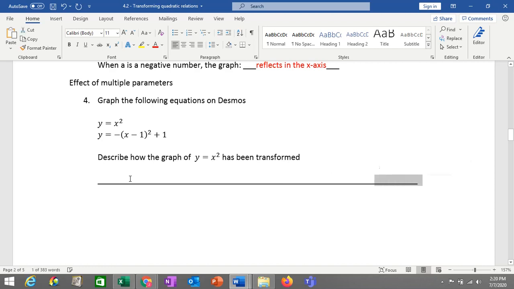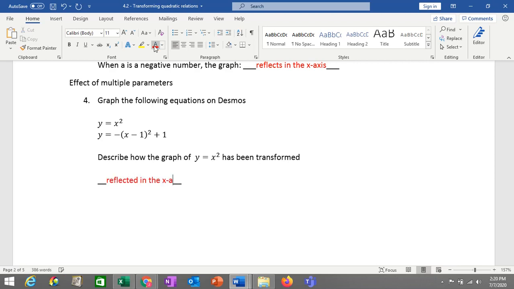How has this graph been transformed? Okay, so it's been reflected in the x-axis. It's had a horizontal translation first, it doesn't really matter, translation to the right by 1 unit, and a vertical translation up by 1 unit.